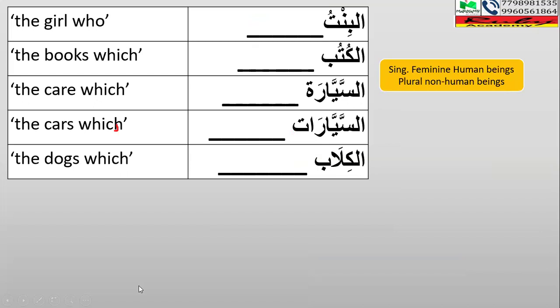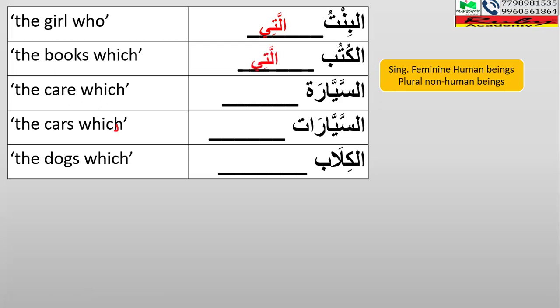Al-bintu, this is a singular feminine human being, a girl who, allati. Now in non-human plural, the books which, al-kutubu, allati.